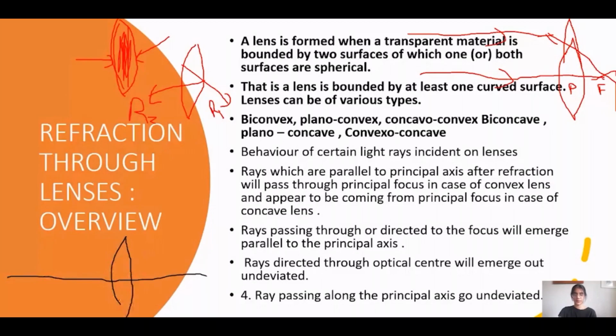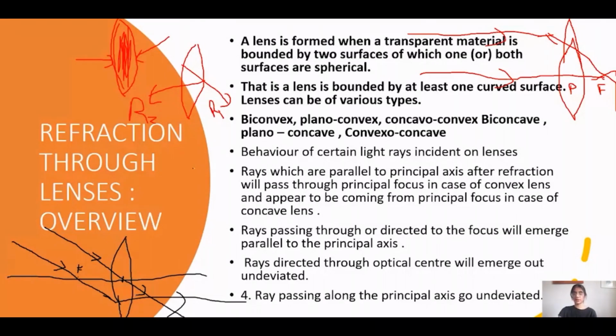Here is your focus. Let's say a ray is coming, it passes through the focus. So after refraction, this is a case of convex lens. After refraction, it will become parallel to the principal axis. Rays that are directed through the optical center, that is the middle point or the origin, pass undeviated. Absolutely no refraction takes place. Actually, refraction does take place, but they pass undeviated.